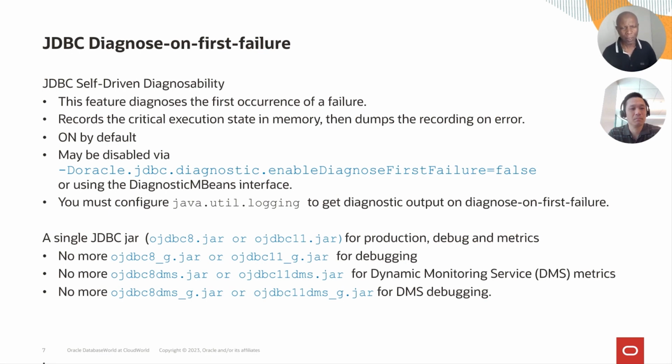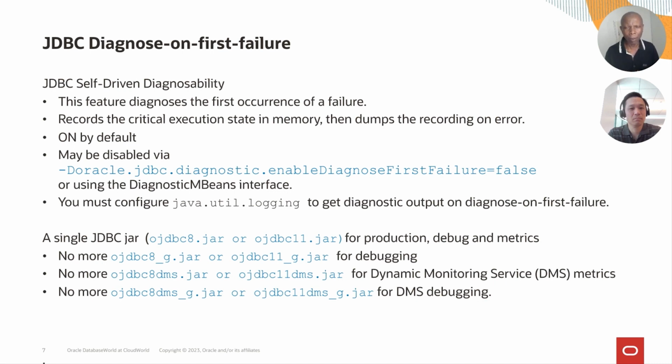This is a feature which allows you to diagnose as soon as an error or a failure occurs. For example, you are running your Java application and you get an exception. You will get a dump of the memory where we record all the critical execution state.